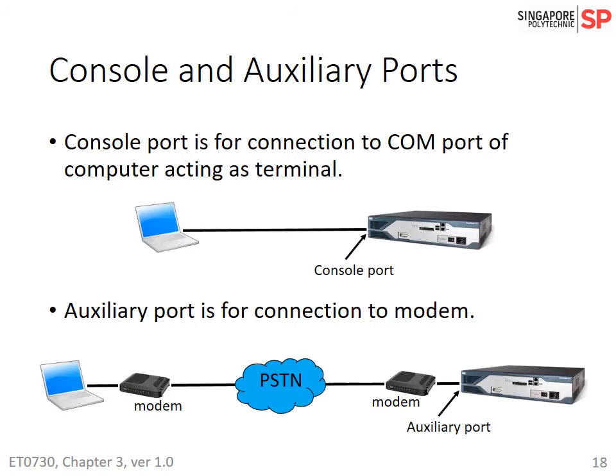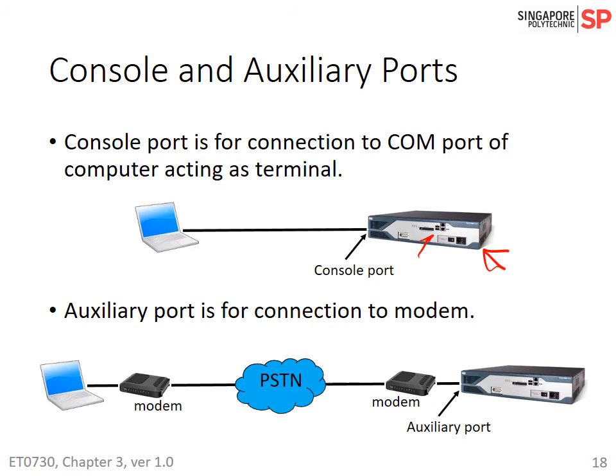Okay, how about console and auxiliary port? Console port is used so that you can configure the routers. What happens on Packet Tracer is if you need a router, you drag the router onto the workspace, then you click on the router, and then you can start to configure the router. But in a real live router, you cannot just take your mouse and click on the physical router.